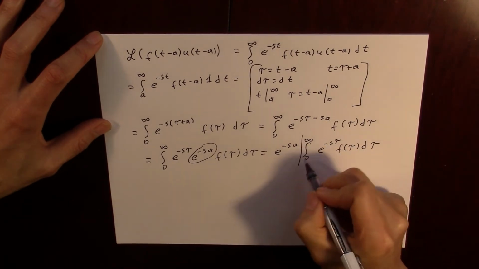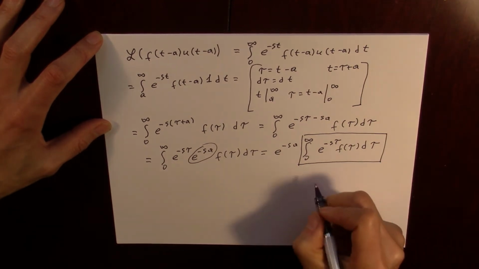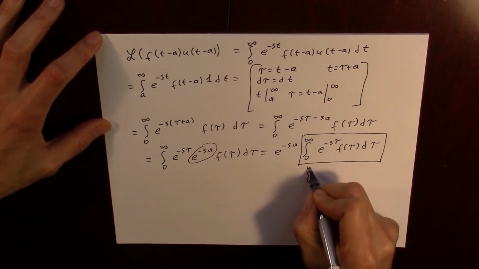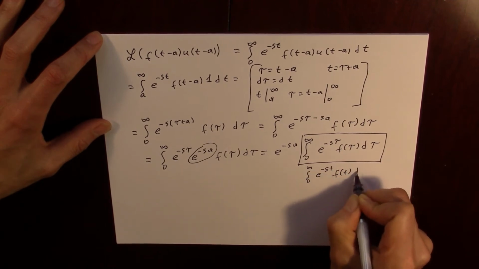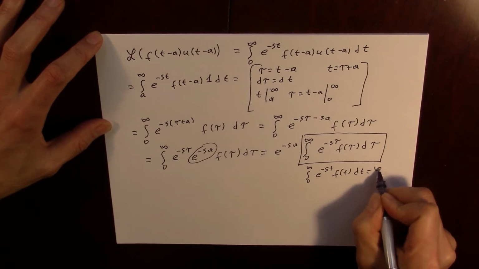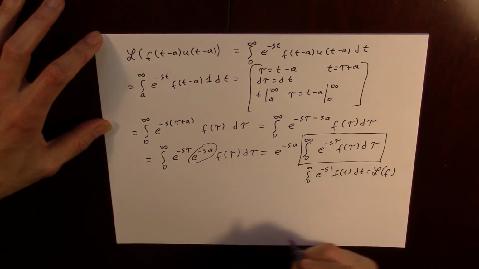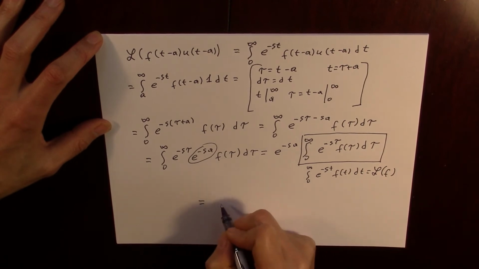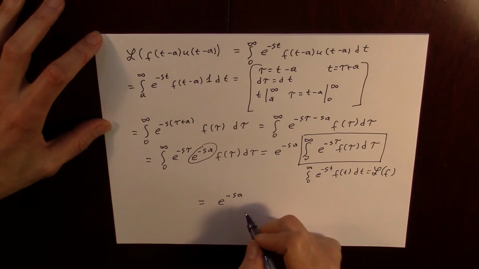And if you look at the integral written right here, what you notice is that it is the same as the integral 0 to infinity of e to the negative st f of t dt, which is the Laplace transform of the function f. So what we notice is that at the end we get e to the negative sa times the Laplace transform of f.